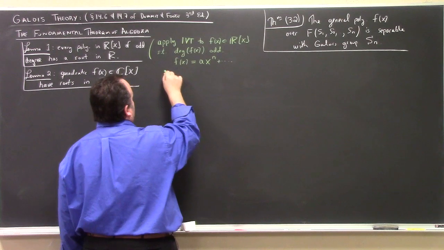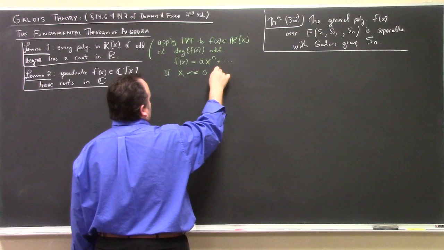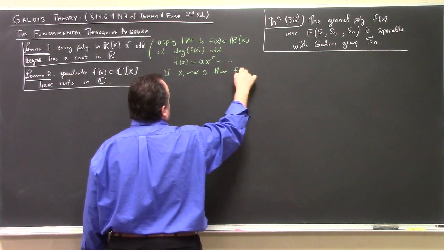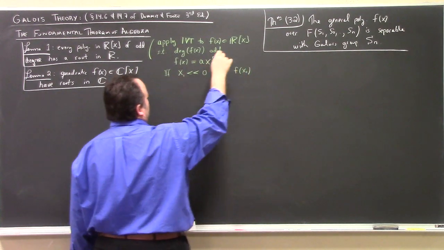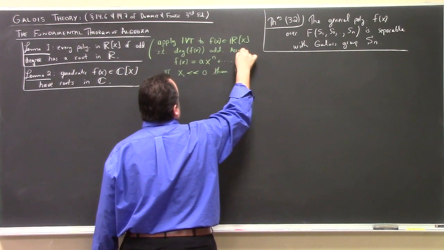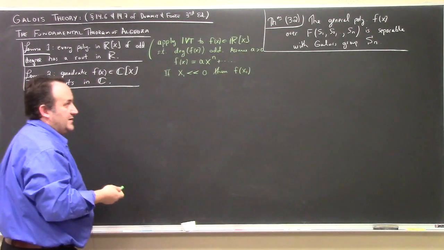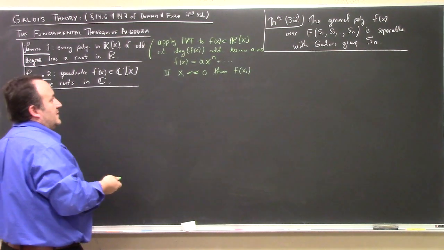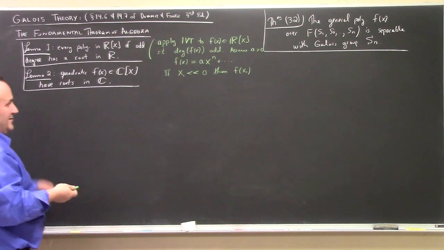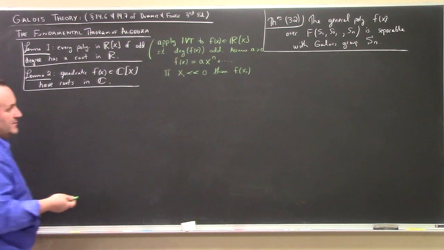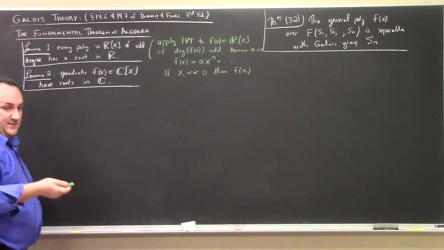If x1 is much, much less than 0, then, without loss of generality, suppose a is positive. The leading coefficient is positive. Most everything in this section is for monic polynomials anyway, but I'm fussing about it. So f of x1 is negative.